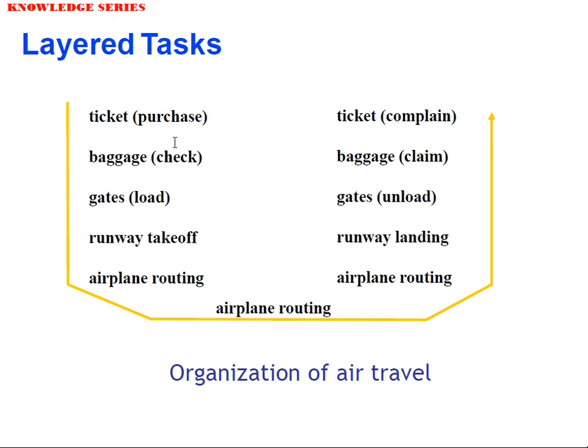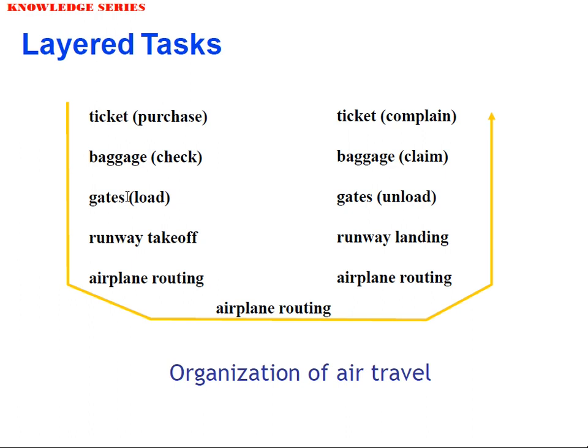This itself tries to reduce the effort, and it makes the design architecture, whether it is air travel, or a post office where you do activities related to posting letters or sending a particular parcel. Everything follows similar layer task structures.